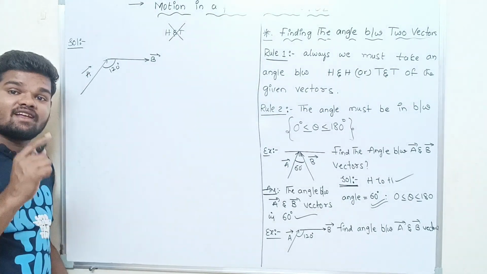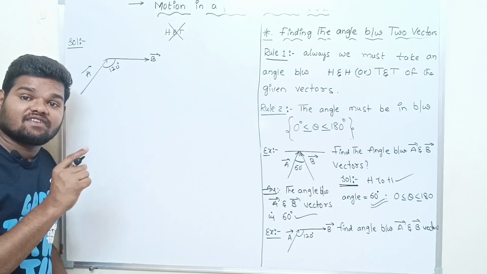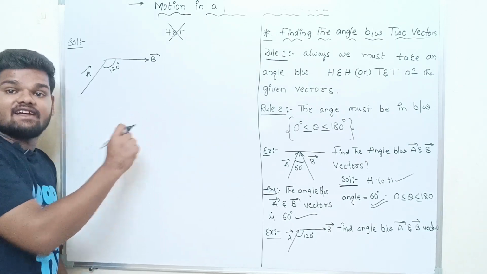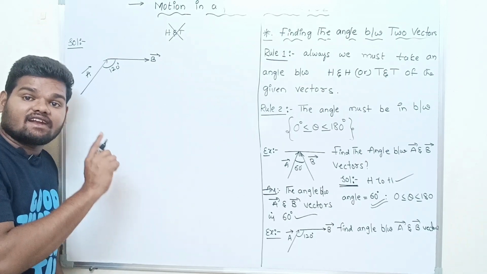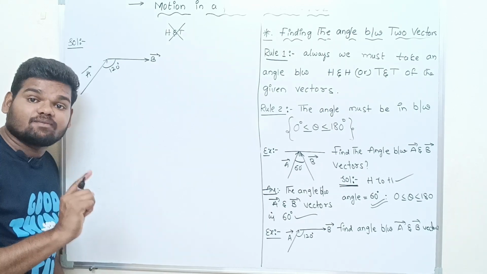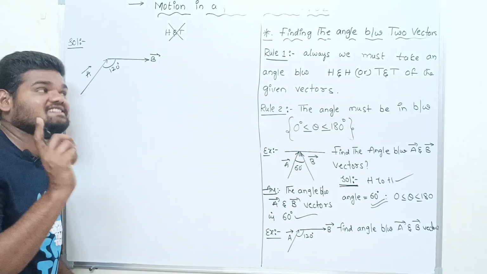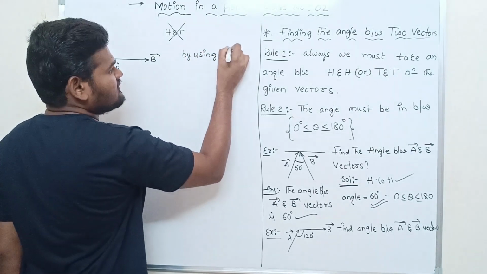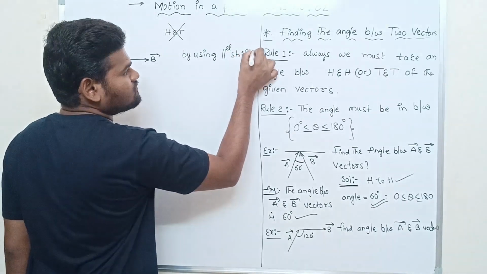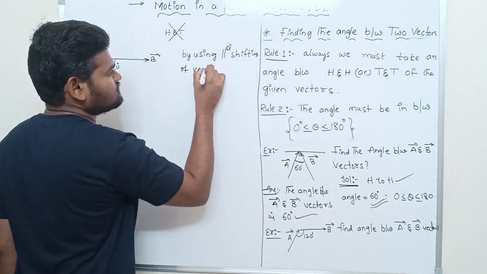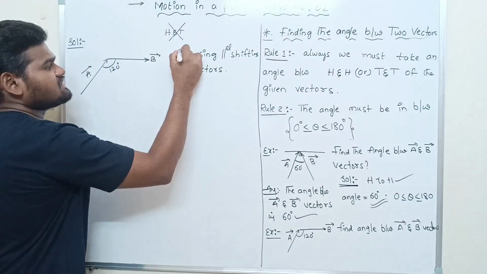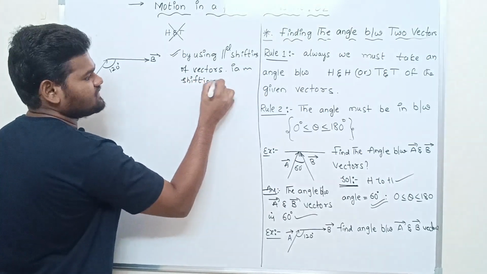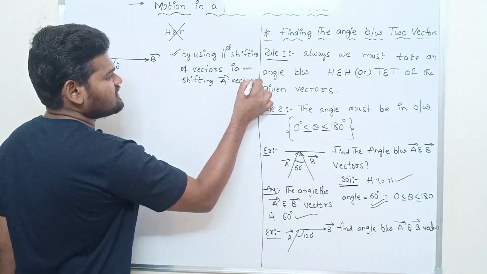To find the angle between a bar and b bar, how can you find it? By using the parallel shifting of vectors. In parallel shifting of vectors, I told you that whenever the vector is displaced parallel to itself, its magnitude and direction do not change. So by using the parallel shifting of vectors, I am shifting the a bar vector.